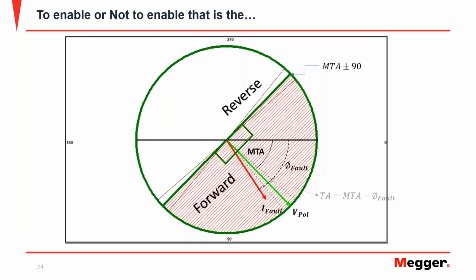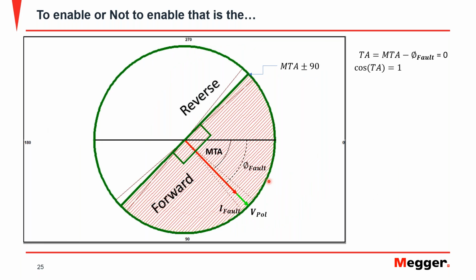In particular, we use the cosine of that angle, and if, for example, the fault happened at exactly the MTA, then we would have that I've called here torque angle is 0. The cosine of the torque angle equals 1. And of course, in this condition, we need to operate.